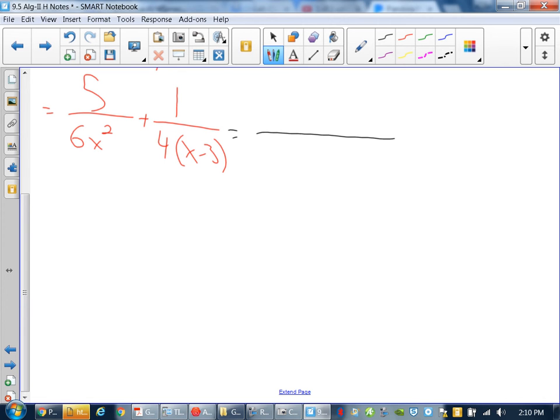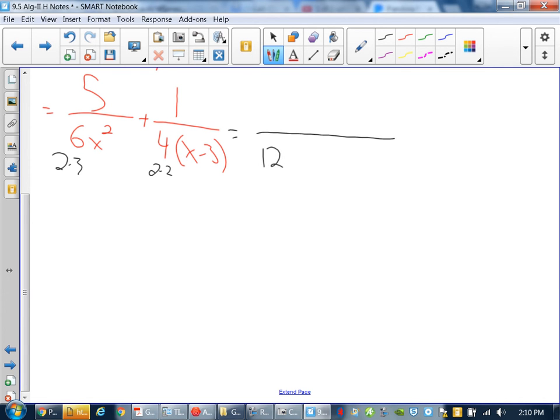Or if you want to break it down in terms of prime numbers, 2 times 3 or 2 times 2, you can do that as well. Personally, I hope that you guys recognize some of these because they're not going to be that bad when they're integers. So are we okay with just saying the common denominator for 6 and 4 is 12? Yes. So I'm going to write down a 12.